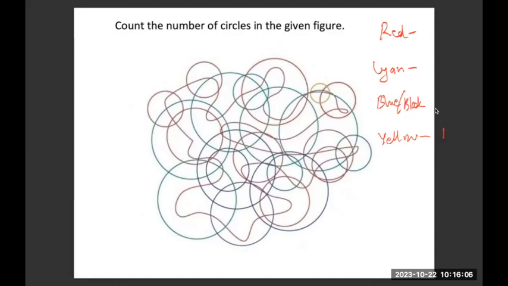Then I will go by counting. Red first. 1, 2, 3. Go from top to bottom in this case. 1, 2, 3, 4, 5, 6, 7, 8.